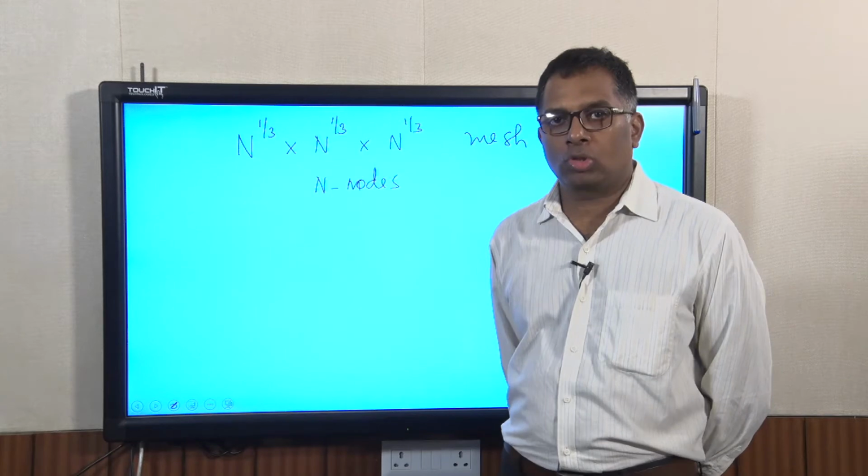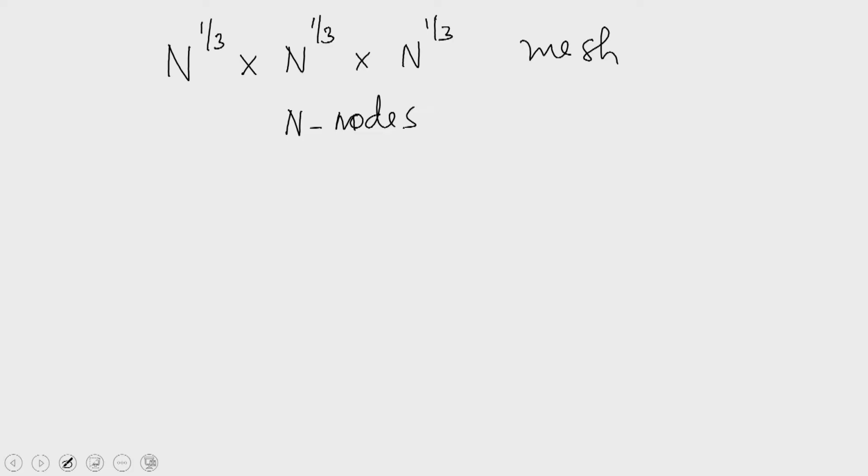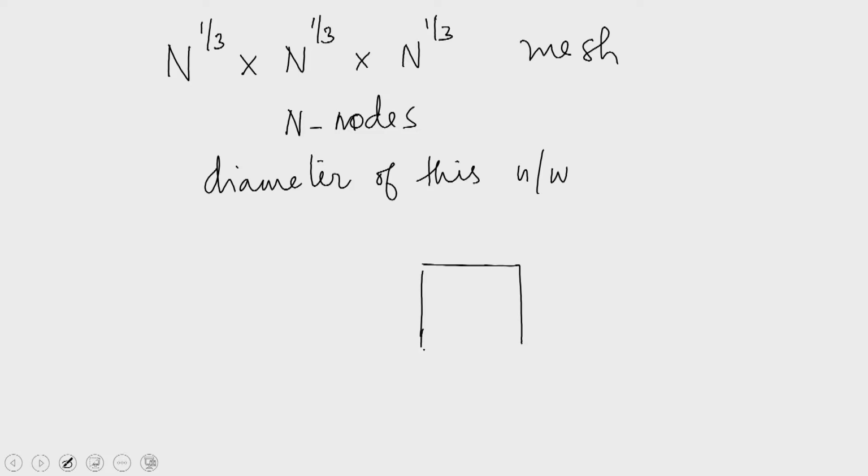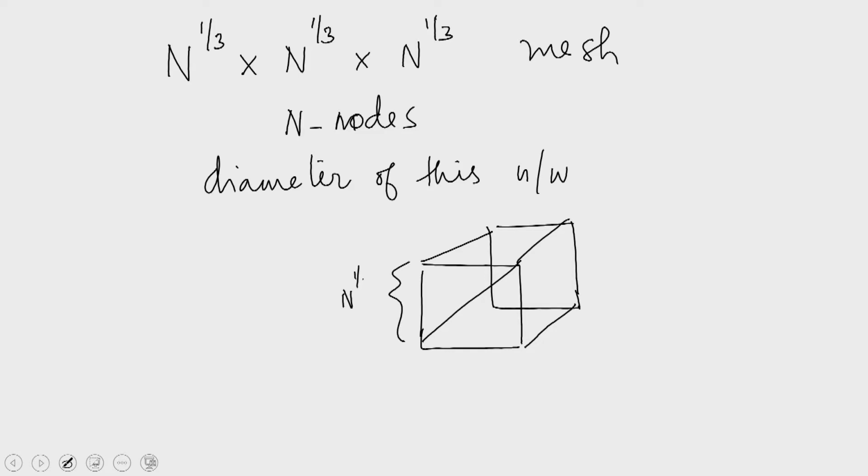Each node has at most 6 neighbors. What would be the diameter of this network? The maximum distance between any two nodes. Think of this network as a cube where each side is n^(1/3).